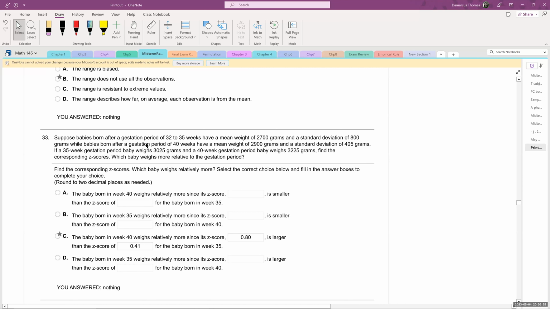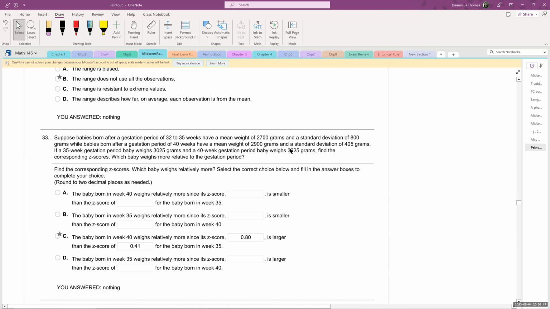But okay, babies born within 32 to 35 weeks have a mean weight of 2,700 grams and a standard deviation of 800, while babies born after 40 weeks have a mean weight of 2,900 and a standard deviation of 405.